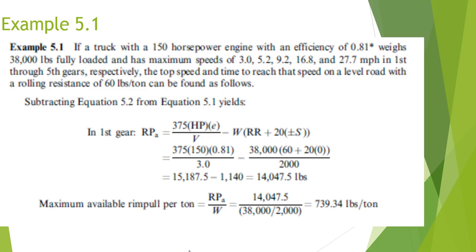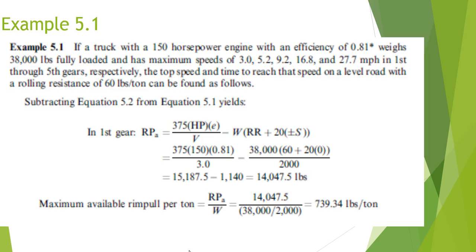But each of the gears has a maximum speed. So first gear has a maximum speed of 3 miles an hour. Second gear, maximum speed of 5.2 miles an hour. Third gear, maximum speed of 9.2 miles an hour. Fourth gear, 16.8. And finally, up to fifth gear, 27.7 miles per hour.